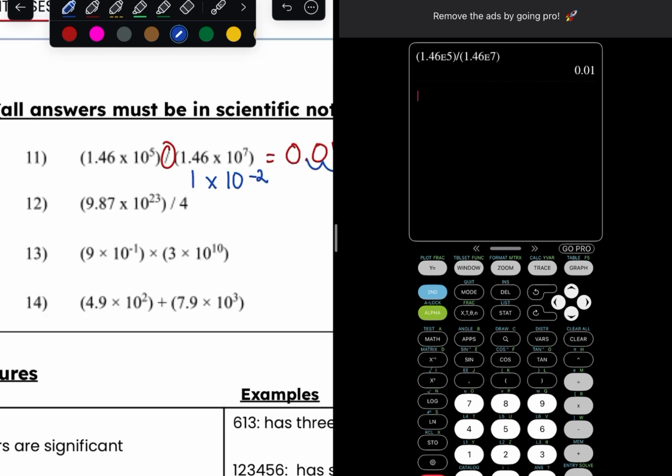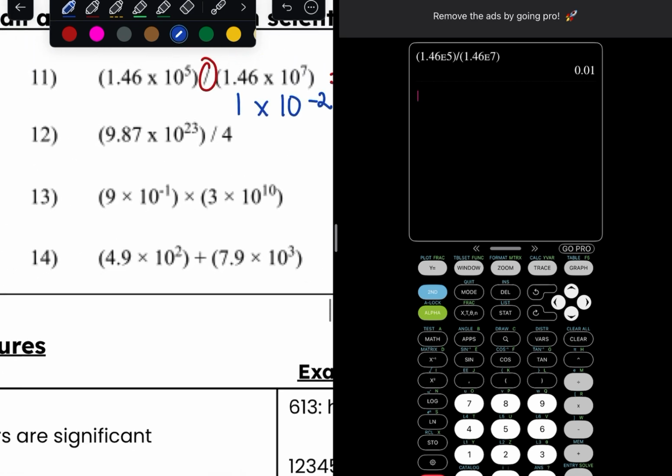I'm going to skip down and actually show you 13. This is really, really important. On your calculators, when you plug something like this in, I want to make sure that you utilize the negative function instead of the minus function. So for this one, 9 times 10 to the negative 1, you would plug that in as normal to begin with. So 9, EE button. And instead of using a minus sign, which you might be tempted to do, you should look on your calculator for your negative sign in parentheses, which is usually towards the bottom near the enter button.